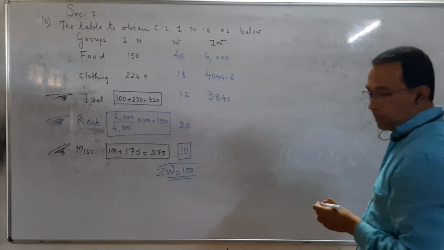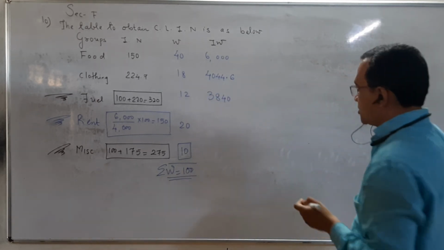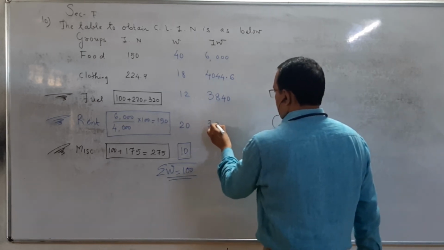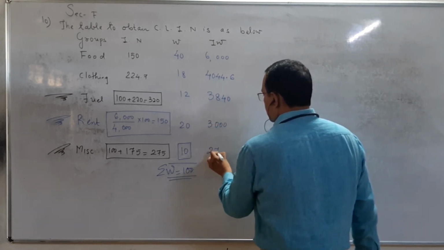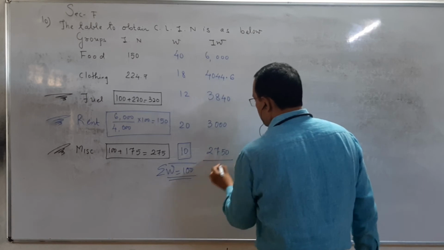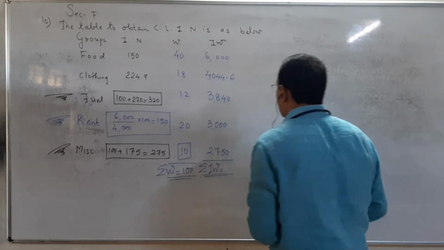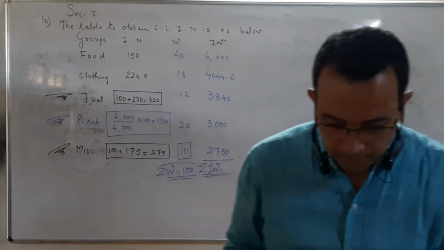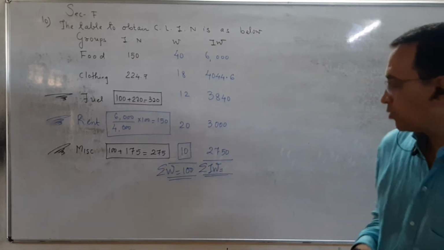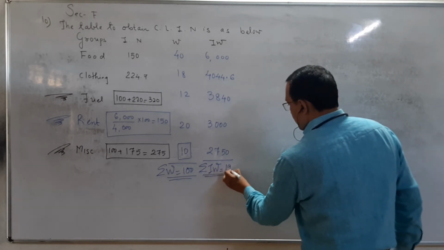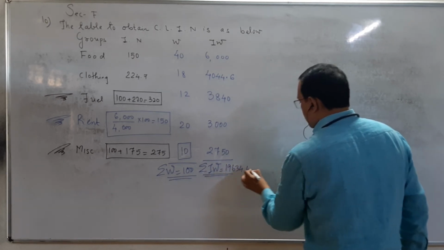Then 150 into 20, so 3000. And then 2750. And total of IW works out to be 19,634.6.